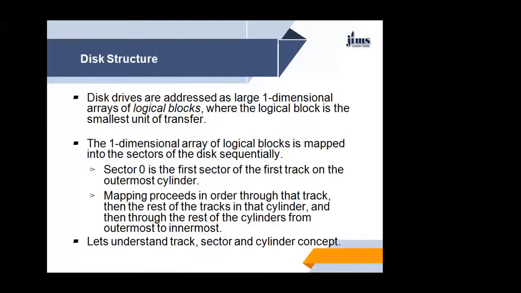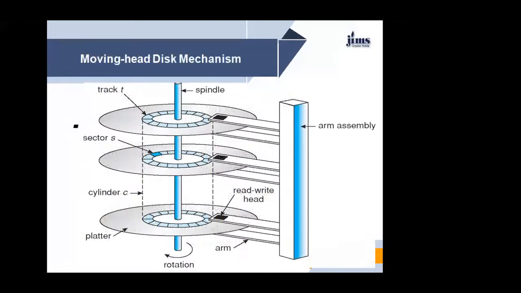Sector 0 is the first sector of the first track on the outermost cylinder. You can see this figure. These are the sectors and these are the tracks.